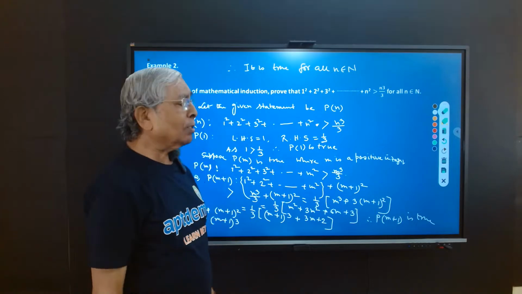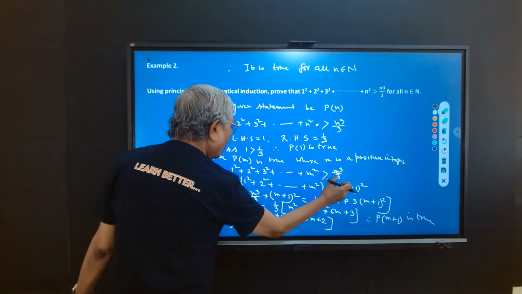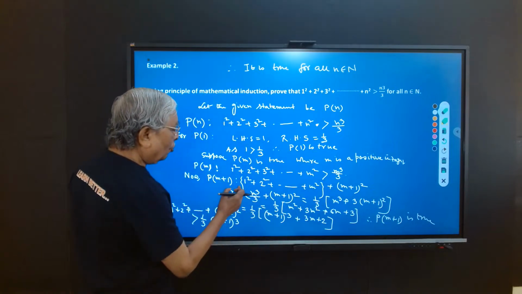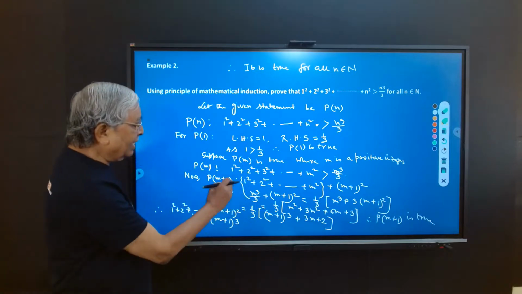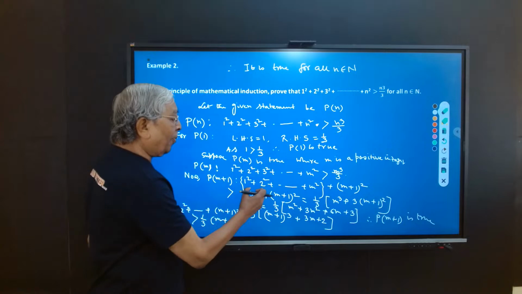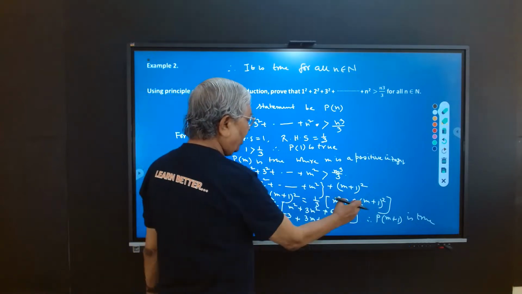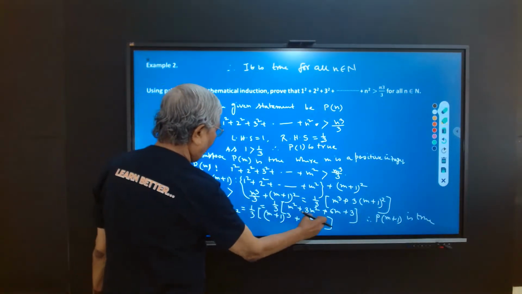Now, what is the Pm plus 1? The summation up to m plus 1 whole square. We know that this part is greater than m cubed by 3. So we can write this is greater than m cubed by 3 plus m plus 1 whole square. Now we simplify it. Then we can write this as m plus 1 whole cube plus m plus 2.